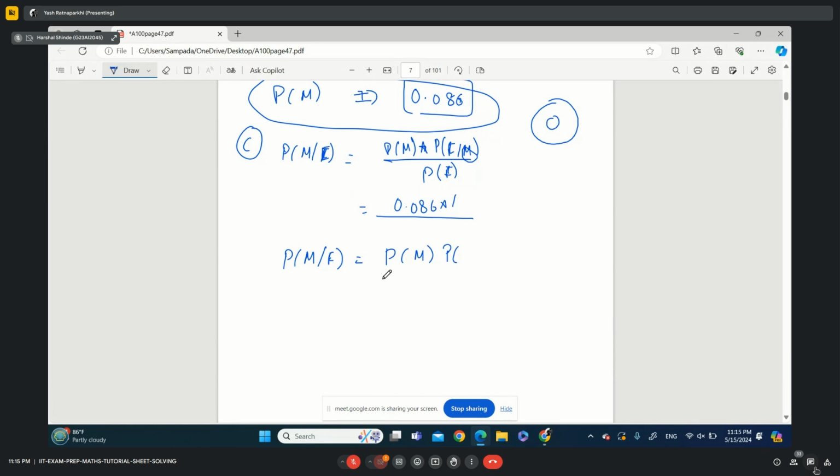So we cannot directly add all three quantities and get the final answer. Instead, I'll go with the formula we have studied, and we will not go anything extra apart from it. So what have we studied so far? Probability of M given A is probability of M into probability of F given M, right?